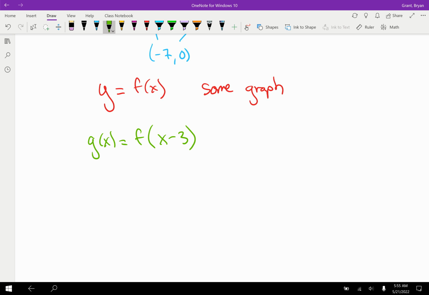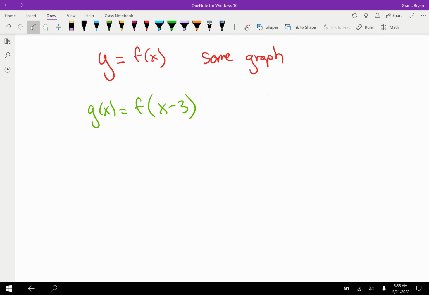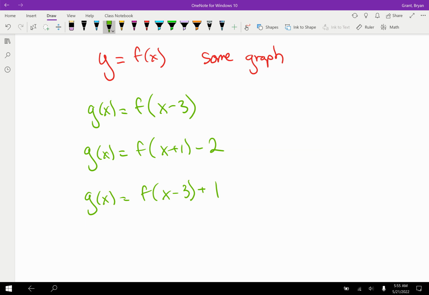Well, this relationship here is all about HK form. And I'll give you a couple other examples, maybe some easier ones. What if we made g of x a different function? It was f of x plus 1 minus 2. Or we said g of x is some new function, and it's f of x minus 3 plus 1. How is that related?